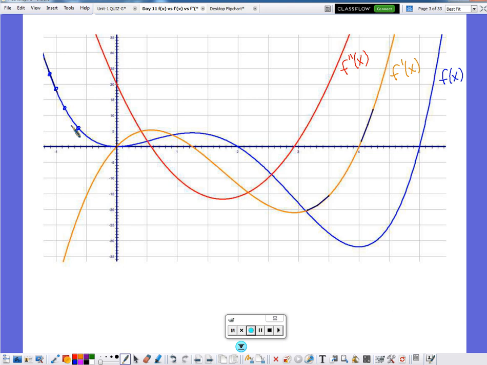Let's clear that back off again. Hold on a second. So for example, right here, put a dot. Let's straighten them down here. So there's a dot right here. Right there, the function f is going down. And down here, sure enough, the y value on f prime is a negative value. Because this slope is some negative number.